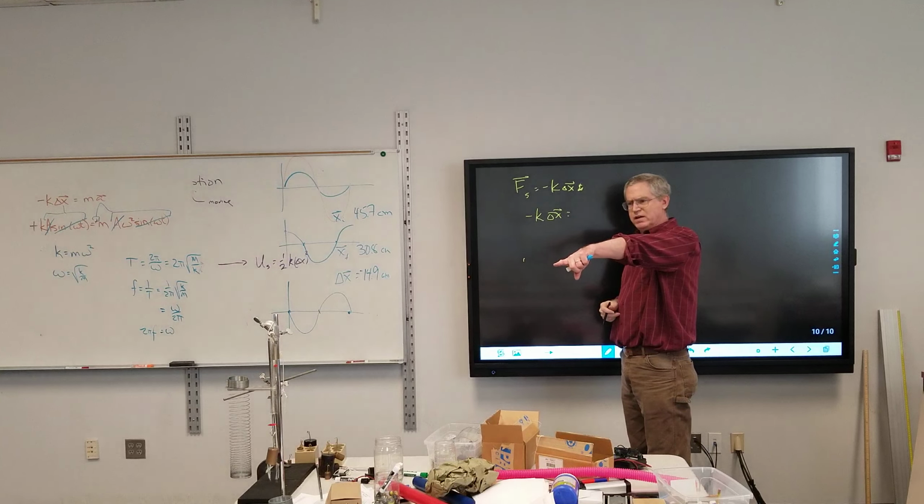So I can find my spring constant. k is equal to negative mg over delta x, which is negative, I think that's 200 gram mass, 0.2 kilograms times 9.8 meters per second squared, divided by my displacement of negative 0.149 meters.